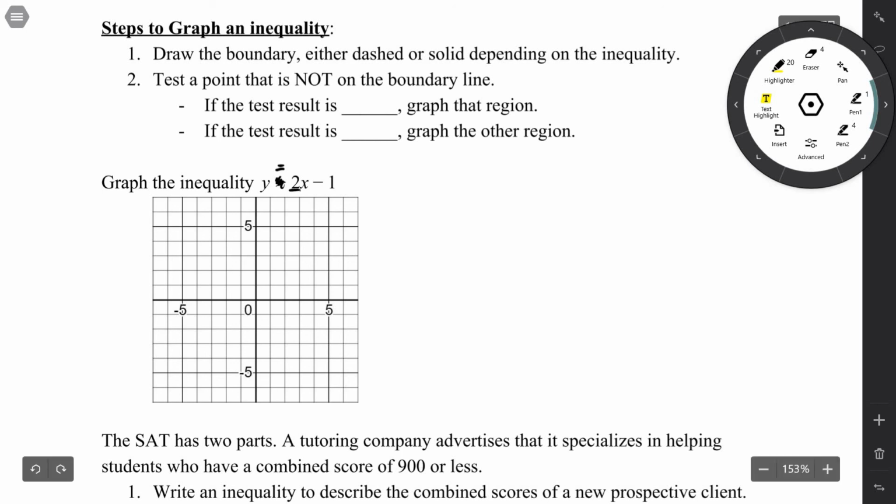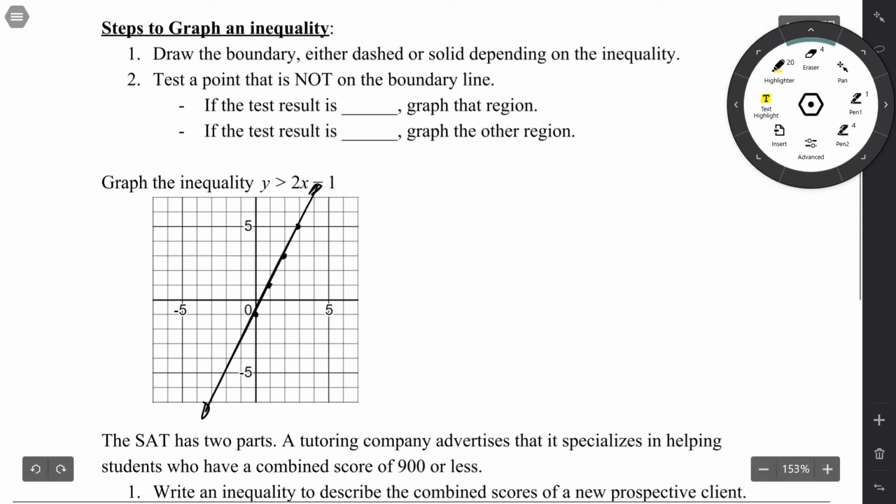Well, we know that the slope is 2. The y-intercept is negative 1. So we'll go down here and graph out some of these points. Great. Let's graph that. I've got a little bit of a straight edge here. All right, perfect. And now we'll uncover that again.